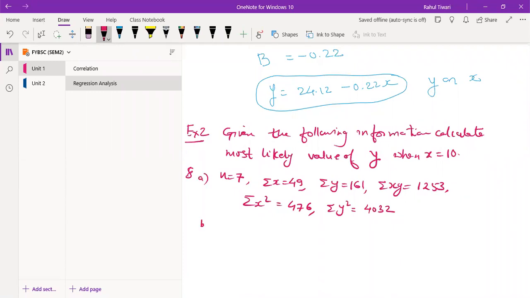And I have another example also. See, there are several examples. I can give you. ठीक है. You can practice such a type of problem. What could be the values? So you need to calculate y on x.